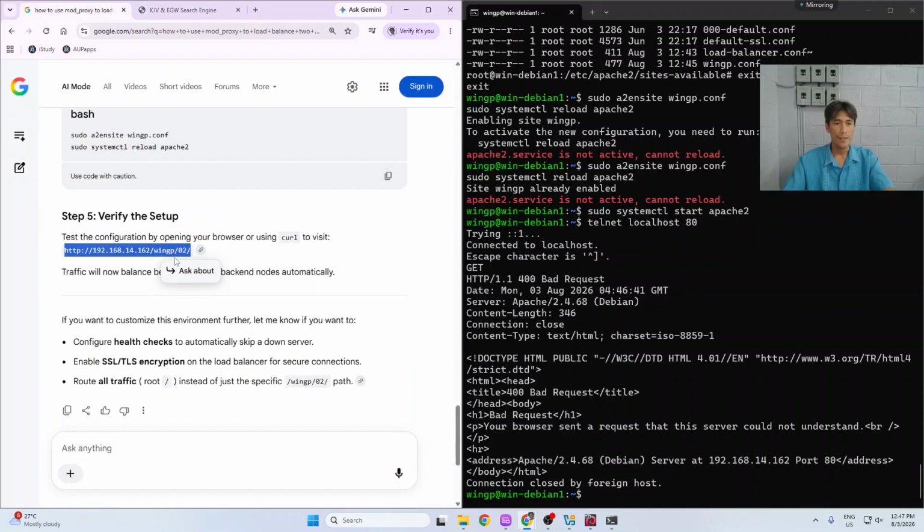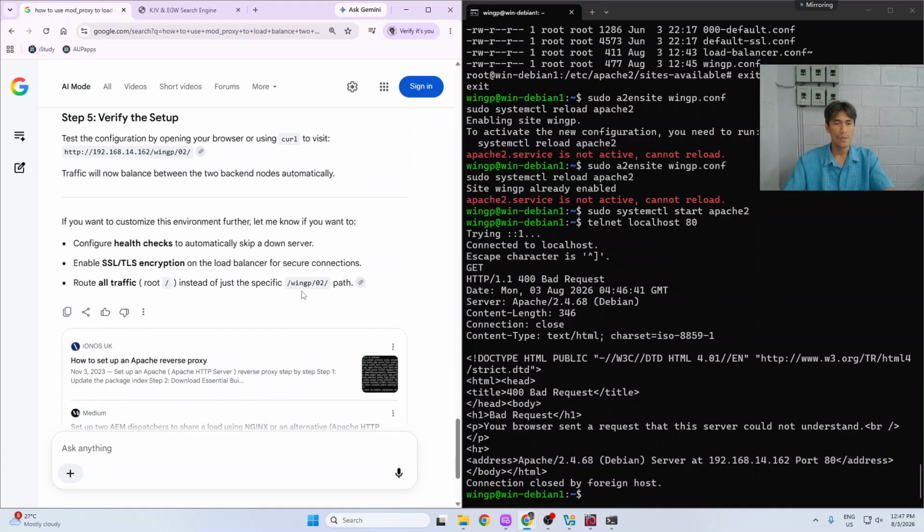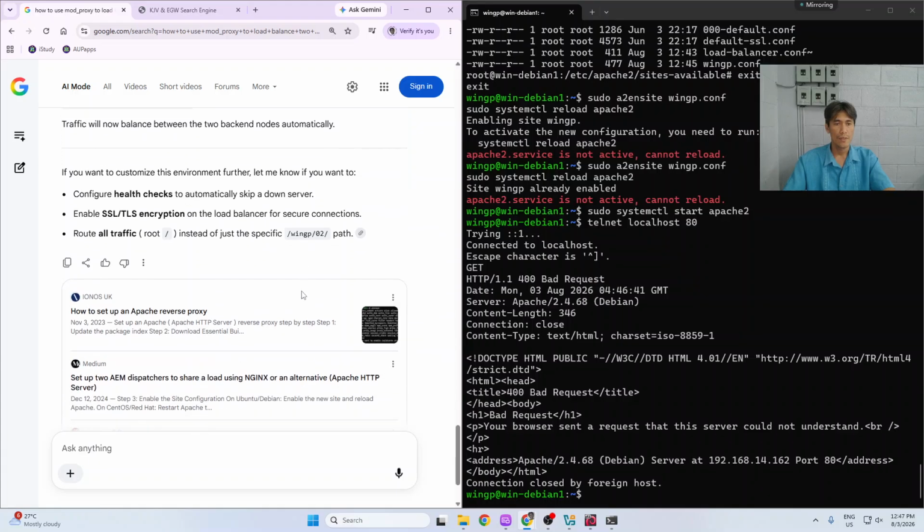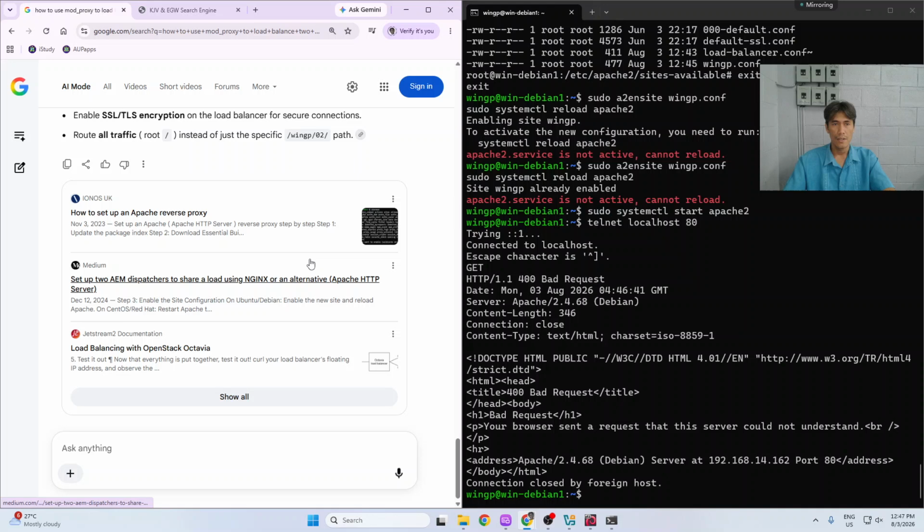So how do we verify? Traffic will now balance between two backend nodes. Really, huh? How do I verify it is balancing?